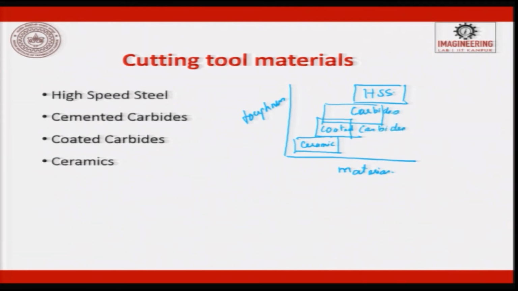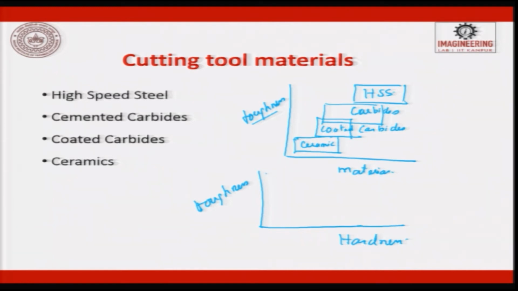So, if you look at it, the toughness will be very low for ceramic material, but the hardness is high. If I plot toughness versus hardness, then ceramic will be high here, very hard, and the toughness will be very low.